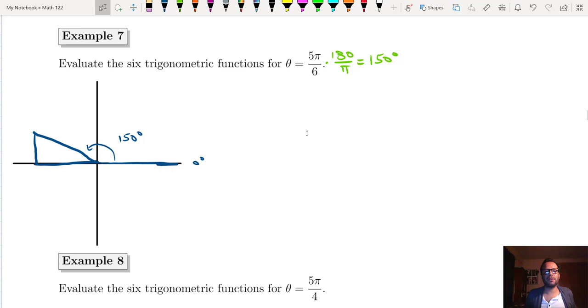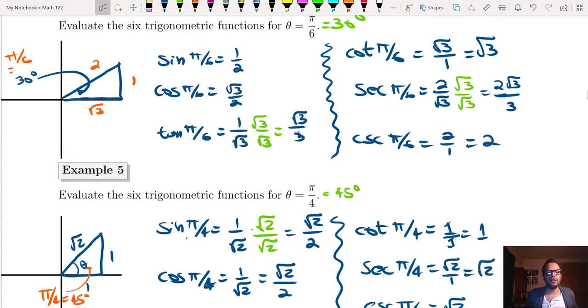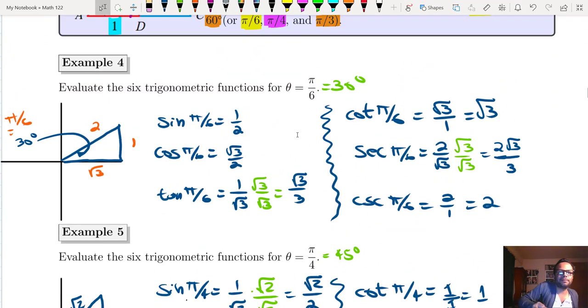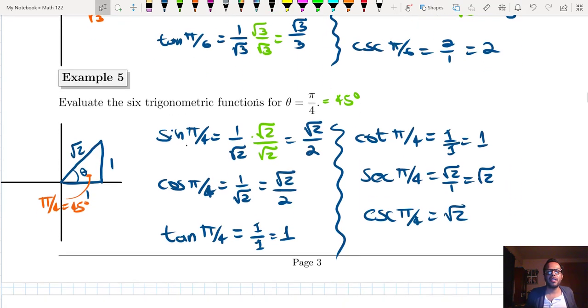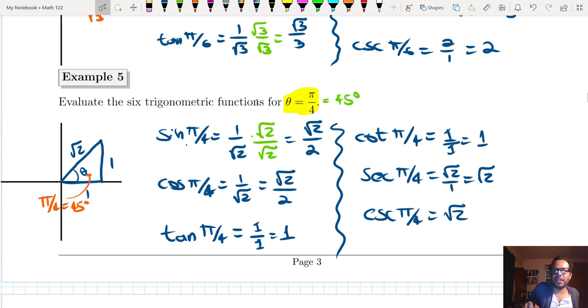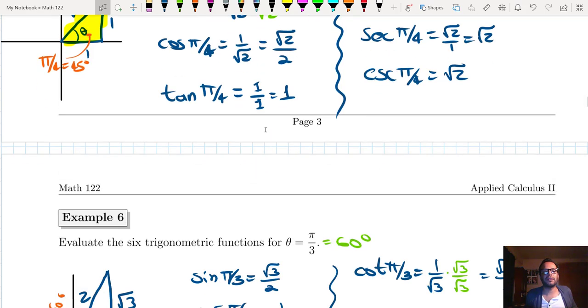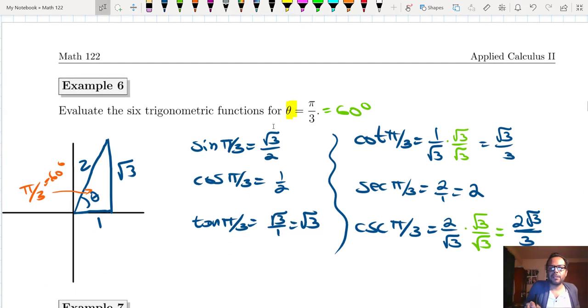Let me go back to the previous examples. Notice I was evaluating pi over 6, right, or 30 degrees in the first quadrant, right? The same way we were evaluating pi over 4 or 45 degrees, likewise in the first quadrant, right? Pi over 3, which is 60 degrees, was also evaluated in the first quadrant.